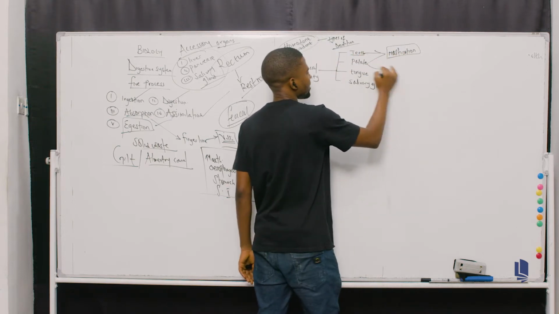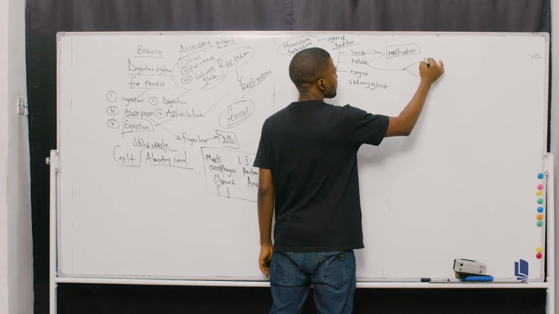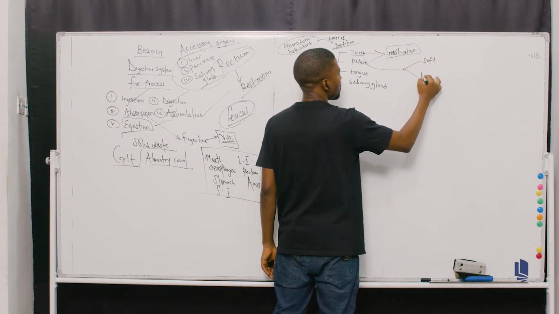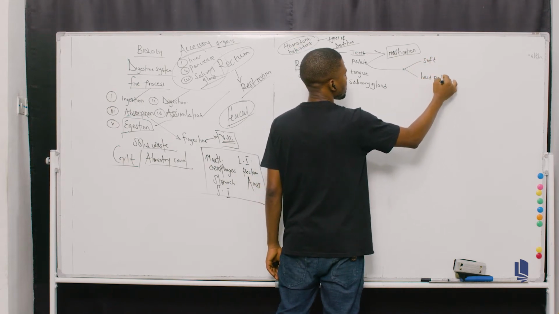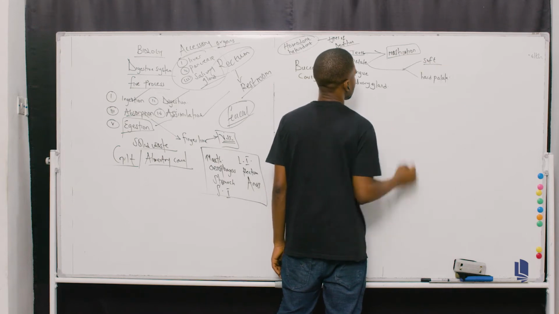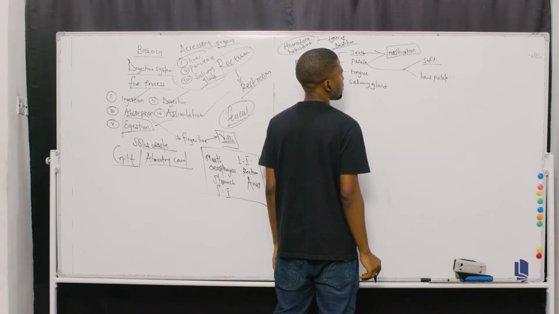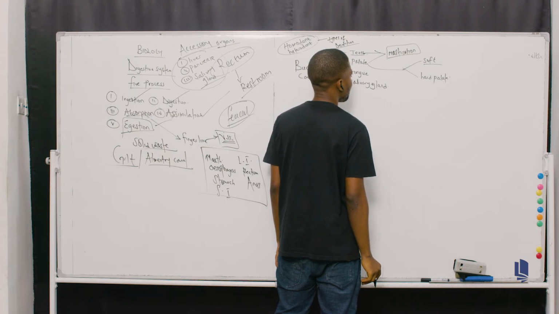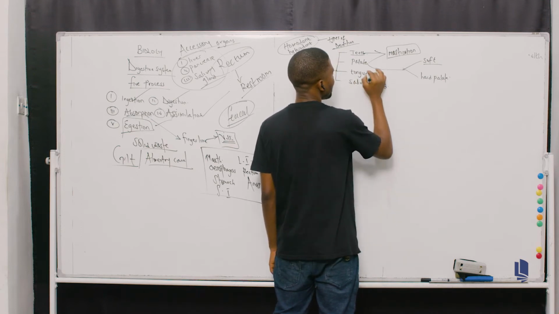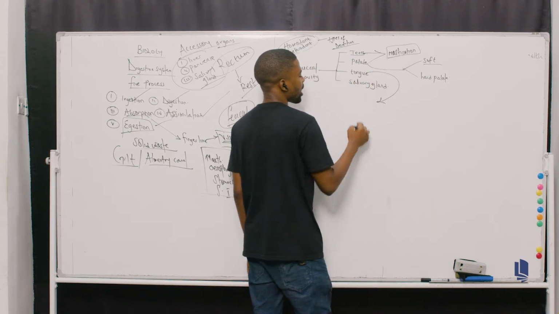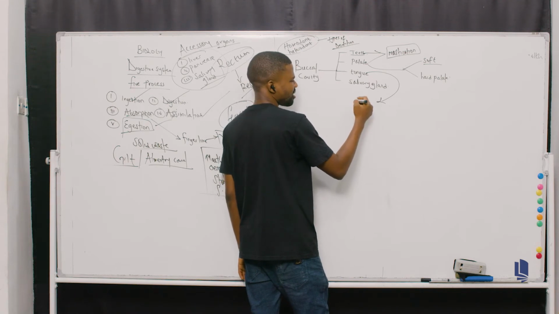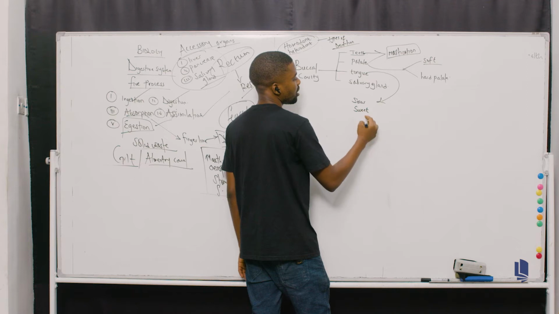Now, look at the palate. The palate has two types. We have the soft palate and the what? The hard palate. Soft palate, hard palate. Now, you already know about the tongue, that the tongue has how many taste buds? I've said this before. We have the sour, we have the what? The sweet, we have the what?